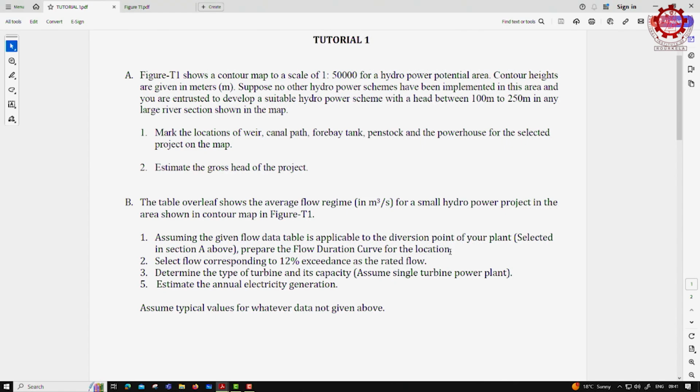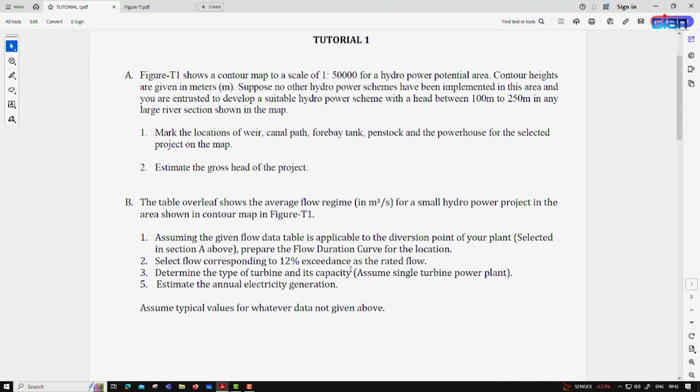You can again refer to the video where we discussed how the flow duration curve is to be prepared. Select the flow corresponding to 12% exceedance, meaning 12% on the horizontal axis of the flow duration curve, as the rated flow.